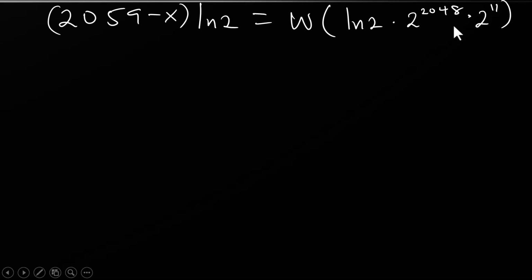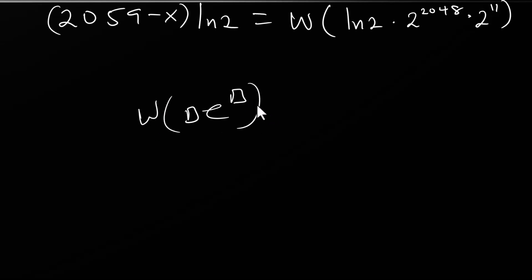Okay, now what we are trying to do here is very simple. Since we have W function of this, we are going to adjust this in such a way that we get box times e to the power box, so that taking W function will be box.